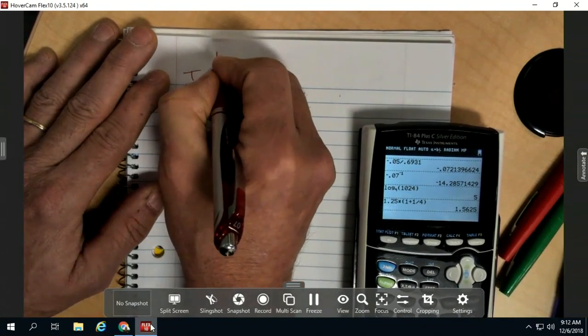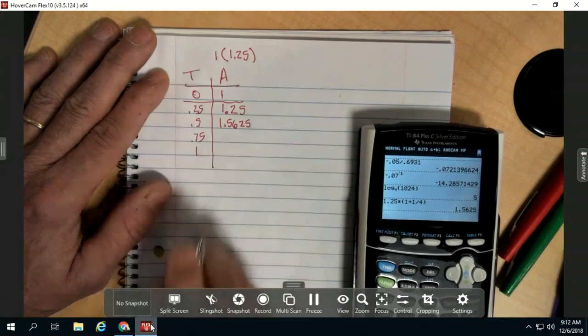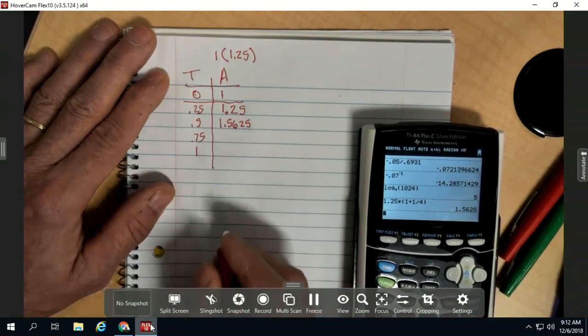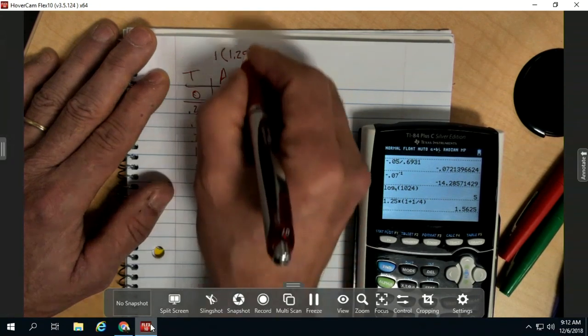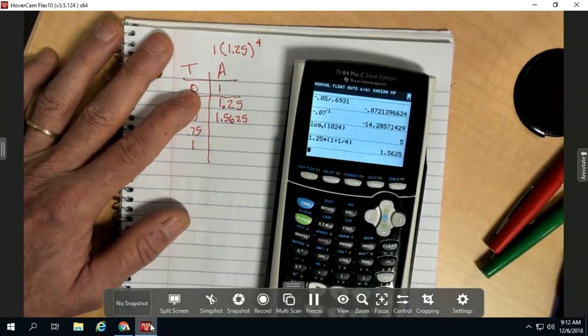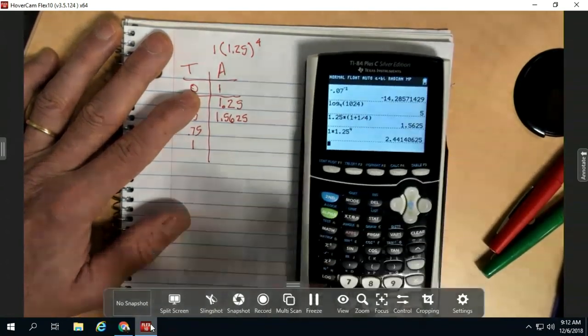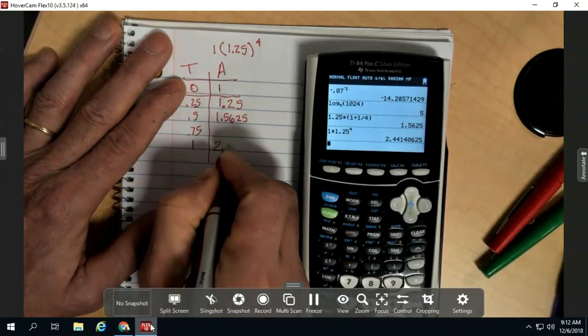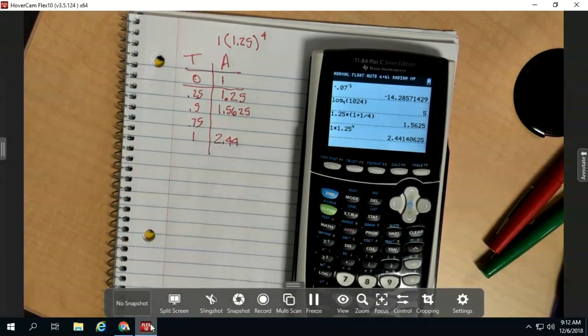Yeah, you take 1 times 1.25 to the, by the time we get down here, how many quarters will we have done? 4, right? So 1 times 1.25 to the 4th is 2.44, 1, blah, blah, blah.